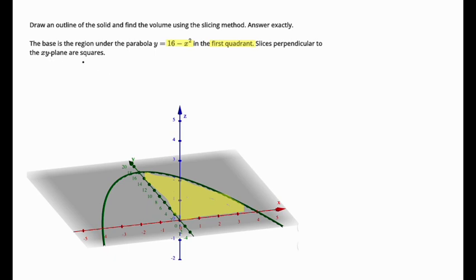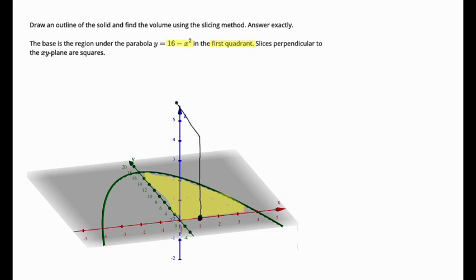And since our slices are going to be squares, when we find the area of the slice so that we can integrate it over the interval that we're interested in, I know that my length and my width of the square are going to be the same, so that makes it even easier. So imagine that I'm making a slice here, and I'm going to try really hard to make this look as realistic as possible.